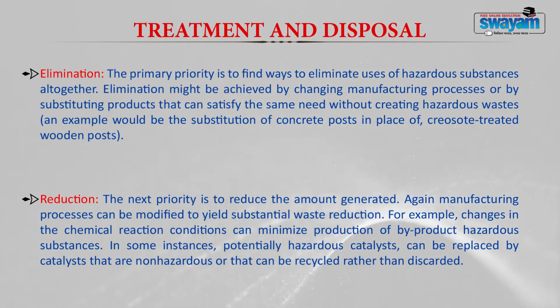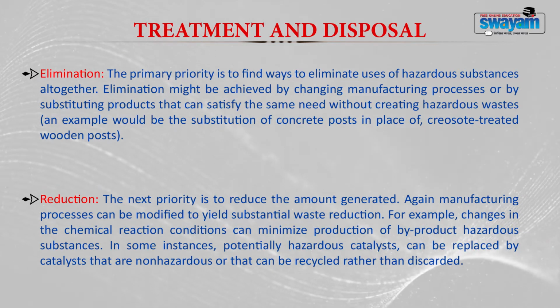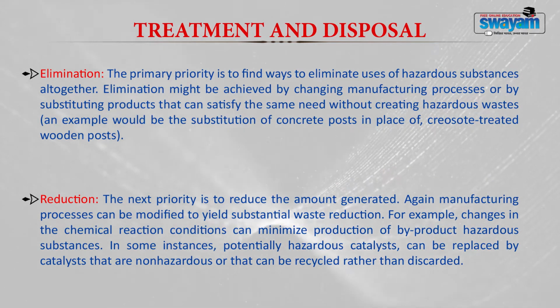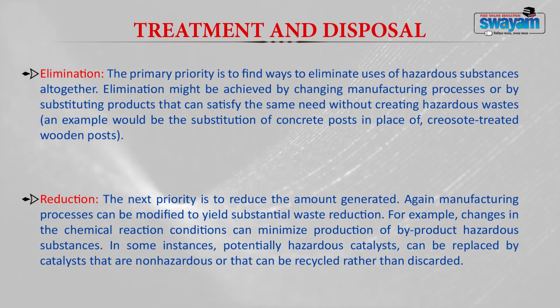For example, you can change the chemical reaction conditions to minimize the production of byproduct hazardous substances. In some instances, a potentially hazardous catalyst can be replaced by catalysts that are non-hazardous or which can be recycled rather than discarded. This can be one simple measure which you can take to reduce hazardous waste generation.